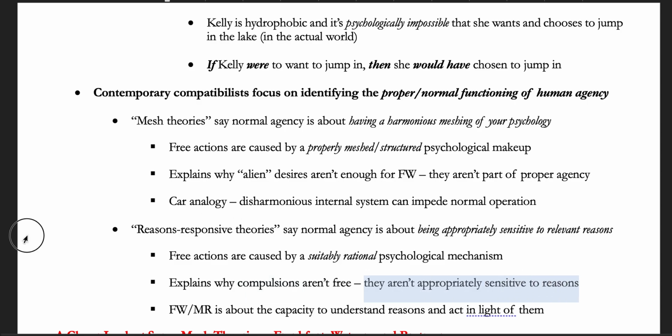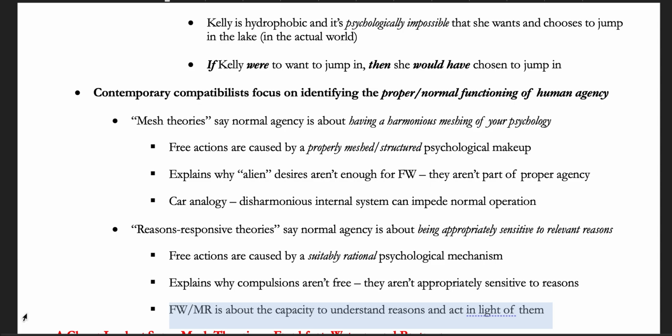People who endorse these theories say that freedom and responsibility is just about being appropriately sensitive to the reasons. So they can easily explain why something like a compulsion that's not sensitive to reasons would make you not free and responsible. Free will and responsibility is about the capacity to understand reasons and act in light of them on this view.